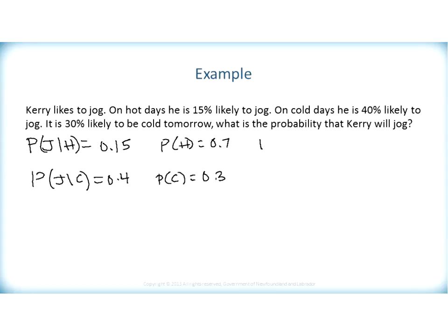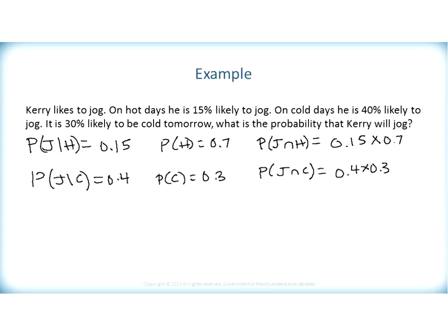Therefore, the probability that Curie will jog and it's hot is equal to 0.15 times 0.7. And the probability that he will jog and it's cold is equal to 0.4 times 0.3.